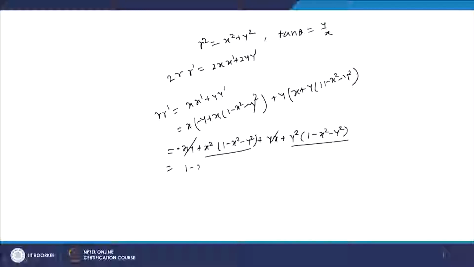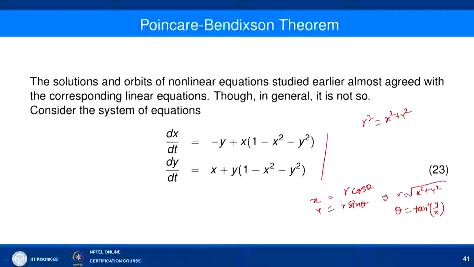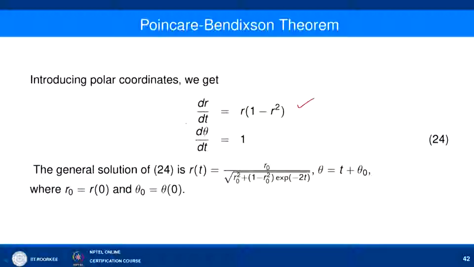We can take out the common factor 1 minus x square minus y square, and what is left is x square plus y square, which is nothing but r square. So we can simply say r r dash equal to r square into 1 minus x square minus y square, and so r dash equal to r into 1 minus r square. That is what we claimed, that dr by dt equal to r into 1 minus r square.